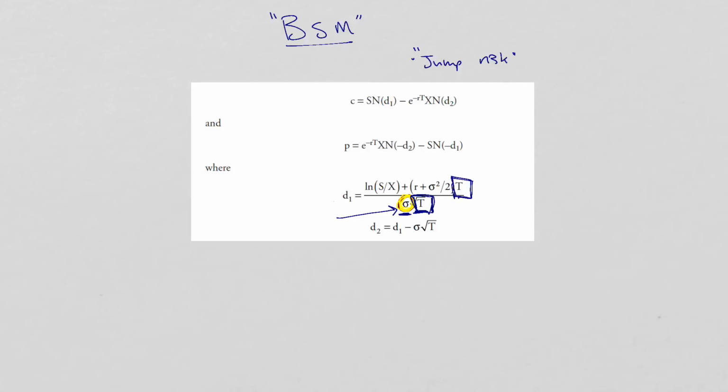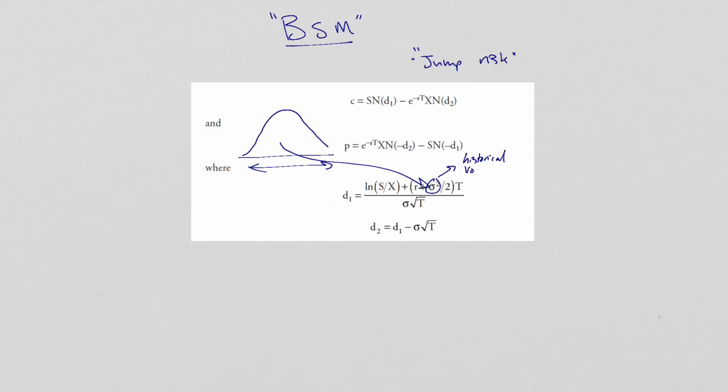And that's an important distinction because we don't actually know what the future risk of this stock is going to be. In practice, we often estimate that future risk by looking at historical volatility. We look at what the stock has done in the past in terms of the range of its likely outcomes, and we basically plug that historical volatility into this Black-Scholes model.